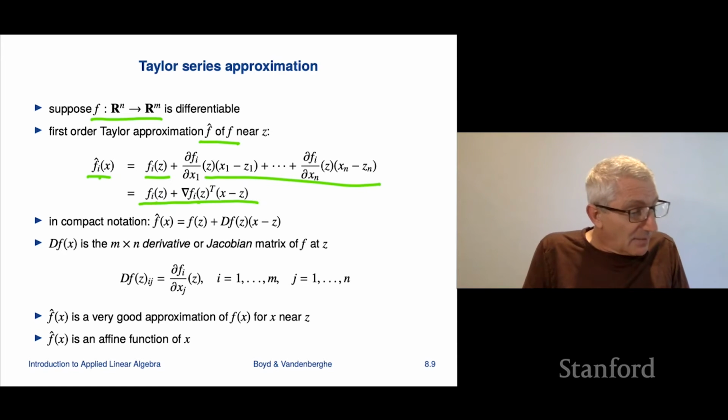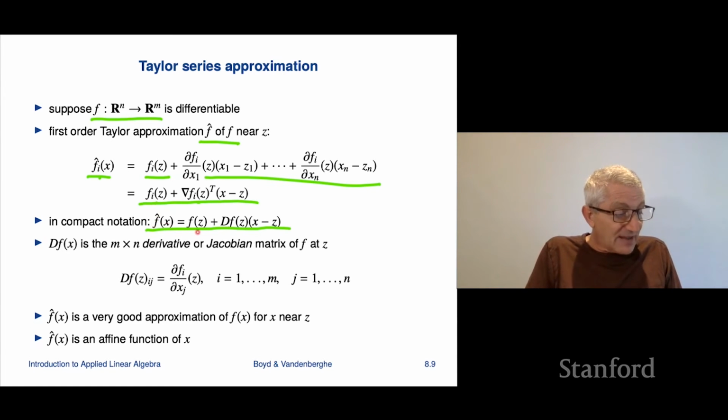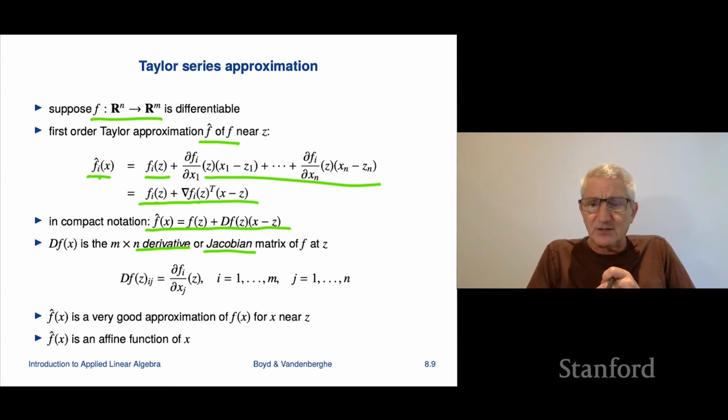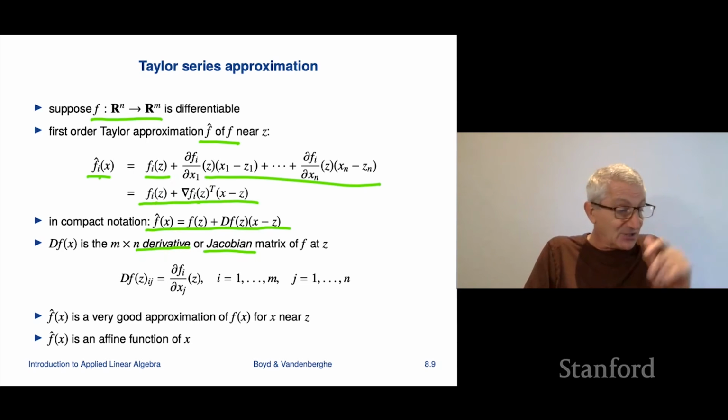Okay, and in compact notation, people write that this way. f hat of x equals f of z plus Df of z times x minus z. Now Df is an m by n matrix, called a derivative matrix or Jacobian matrix. It's got other names depending on the field, right? And in some cases, it's very specific, with all sorts of names for specific applications.